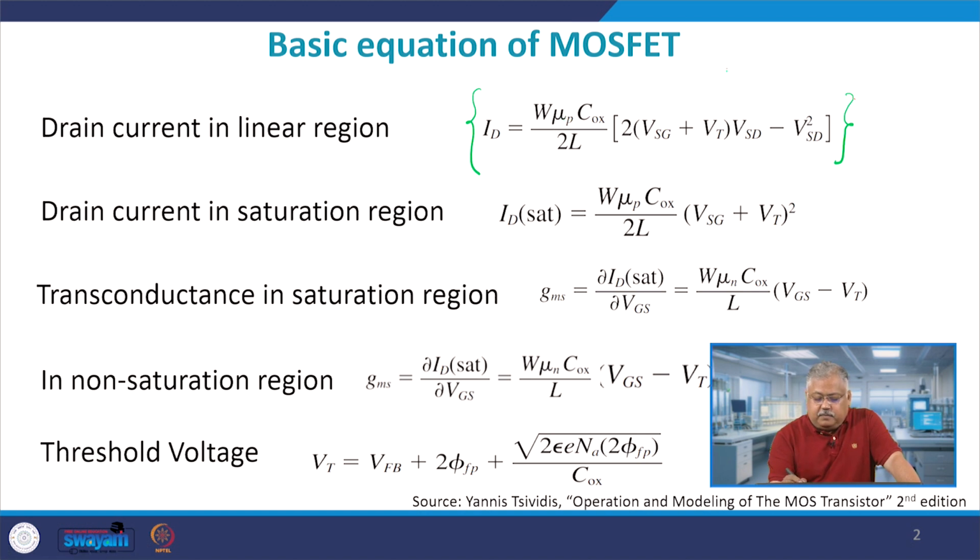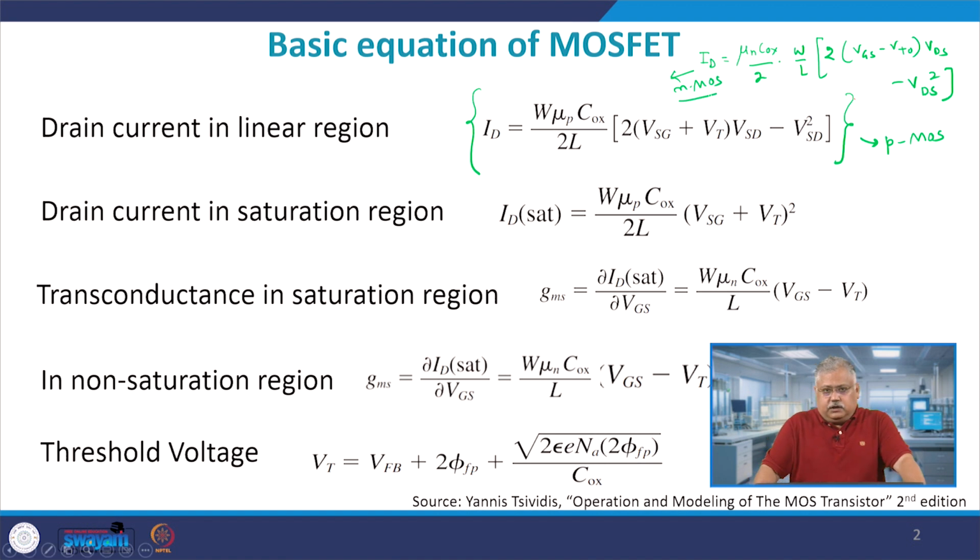For an n type semiconductor, we have already seen that the current will be equal to mu n C ox by 2 into W by L into 2 times (VGS minus VT0) into VDS minus VDS whole square. This is for an n type semiconductor and this is for the p type semiconductor. So, this is for PMOS and this is for NMOS.